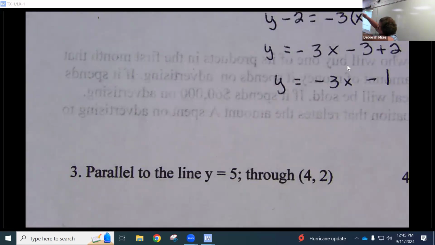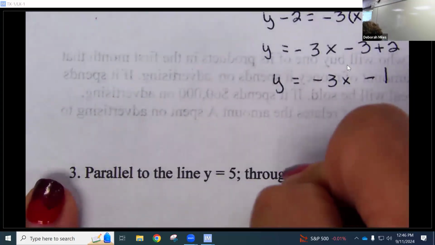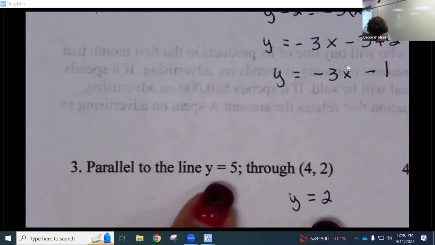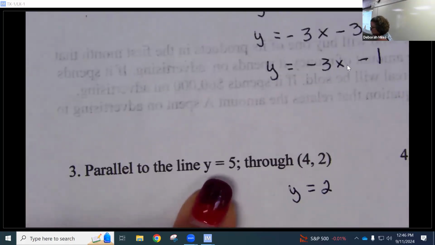And what's the equation of these horizontal lines? Is it x equals something or y equals something? Y equals, and if it's going to go through the point 4, 2, what does y have to equal? It would have to equal 2. Both of these are horizontal lines. This one goes through the point 4, 2.